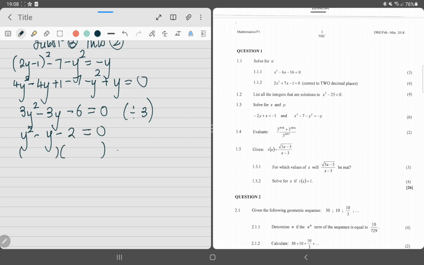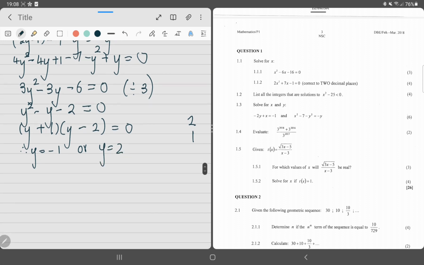And then find the factors. So it's y. The factors of 2 that give me minus 1 should be 2 and 1. So that's a 2 and that's a 1. Negative 2, plus. Therefore, y should be equal to negative 1, or y should be equal to 2.